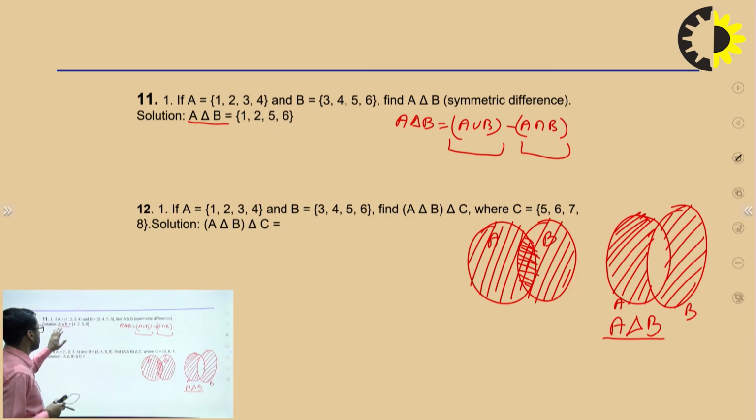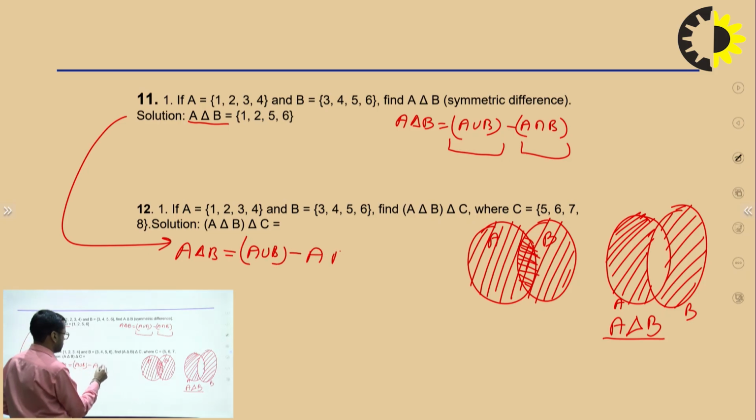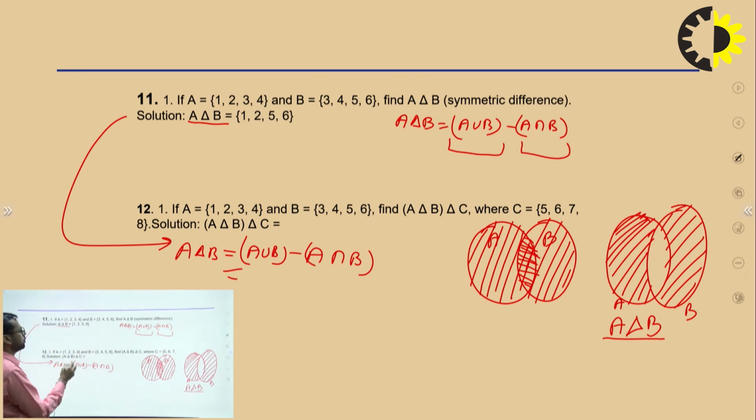How will we calculate? Firstly, we evaluate the values of A union B, then A minus B. A delta B, using the first question, number 11: A union B minus A intersection B. Firstly, we calculate A union B, and the resultant value will be 1, 2, 3, 4, 5 and 6.